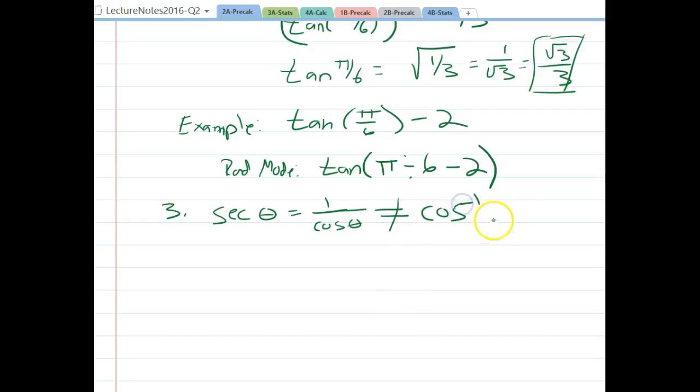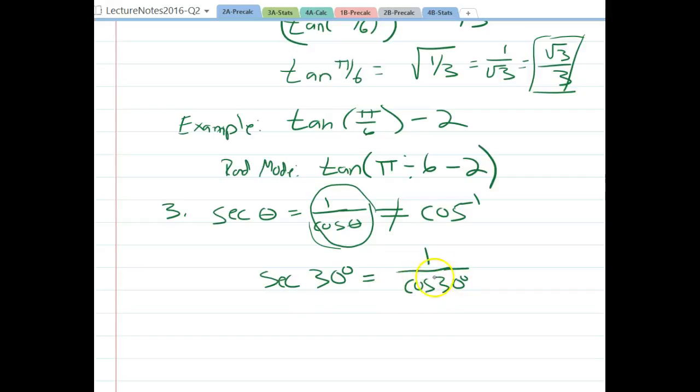In other words, cosine to the -1 on your calculator does not mean this right here. You may think that it is, and it would make sense if you thought it was, but it is not. So what does that mean? If I wanted to find the secant of 30 degrees using my calculator, what I have to do is realize that that's 1 over cosine 30 degrees, because secant and cosine are inverses.